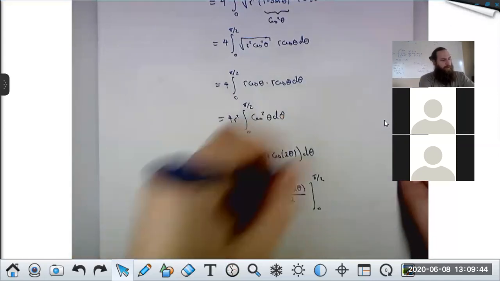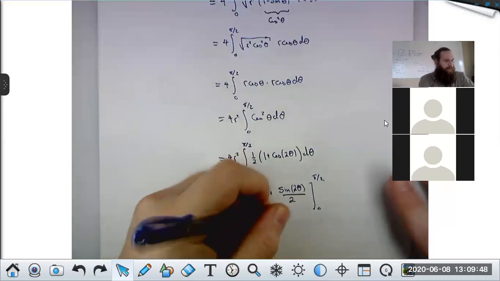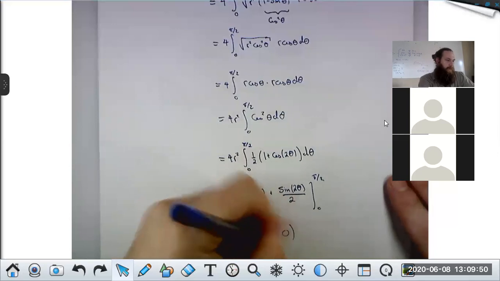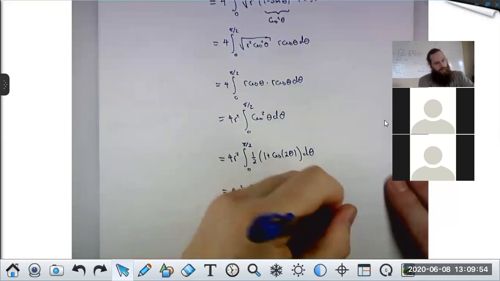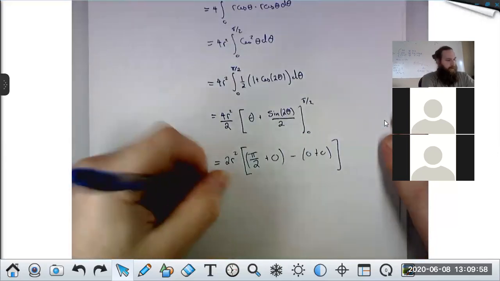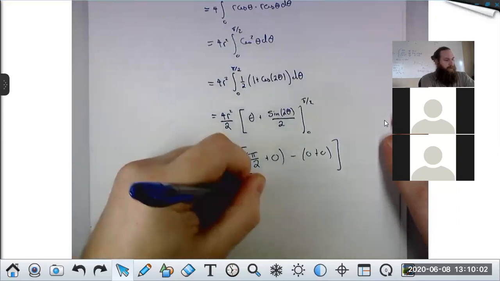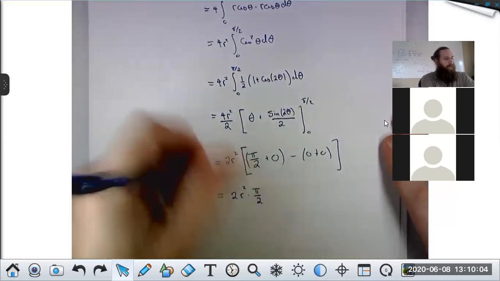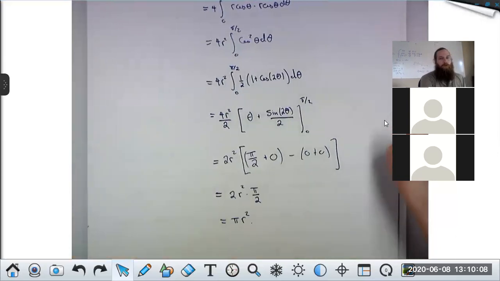And then in my evaluation step, I have pi over 2 plus 0 minus 0 plus 0. So at the end of the day, I get 2r squared times pi over 2, or just pi r squared, which we all knew is the area of a circle of radius r.